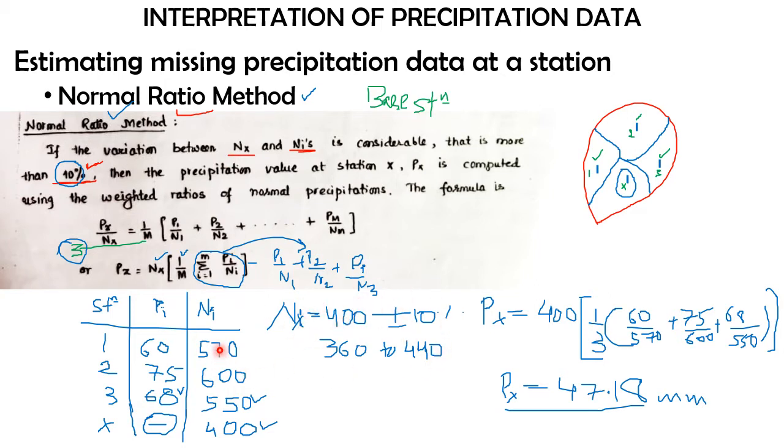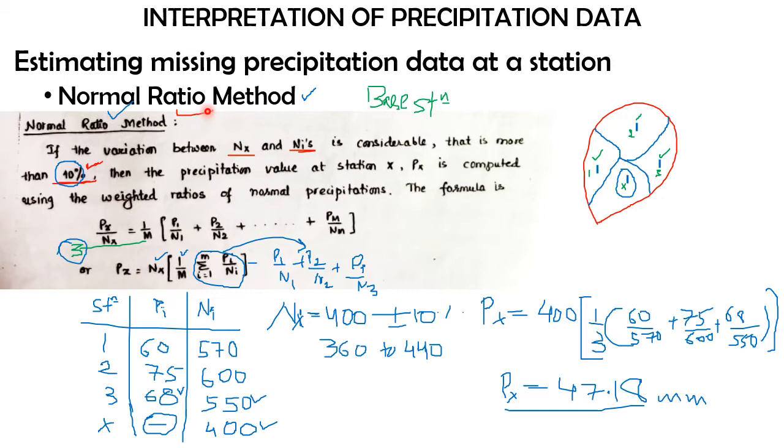Imagine all three values visible over here are within this range itself. Even then there is no compulsion to go ahead with the arithmetic average method. Even if Ni is varying less than 10%, you can go ahead with the normal ratio method. There is no problem with that.